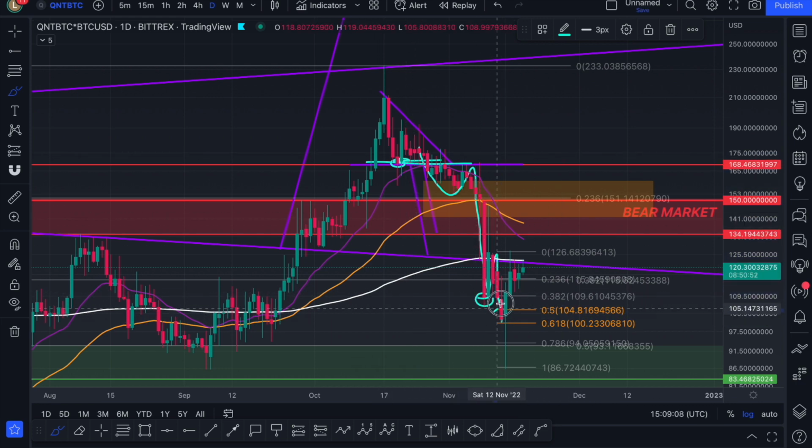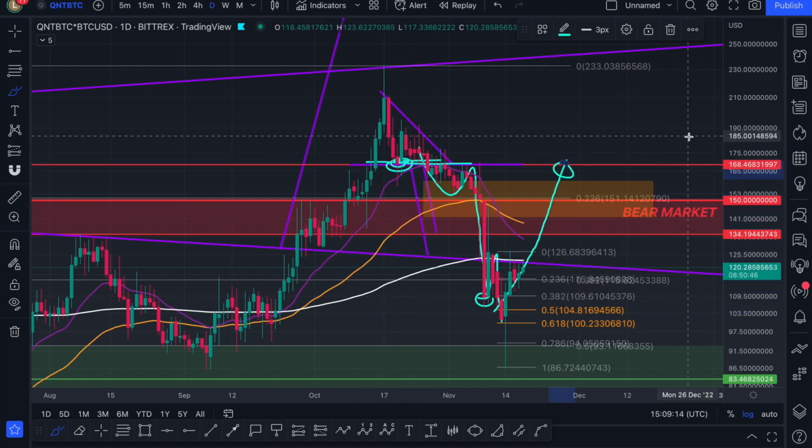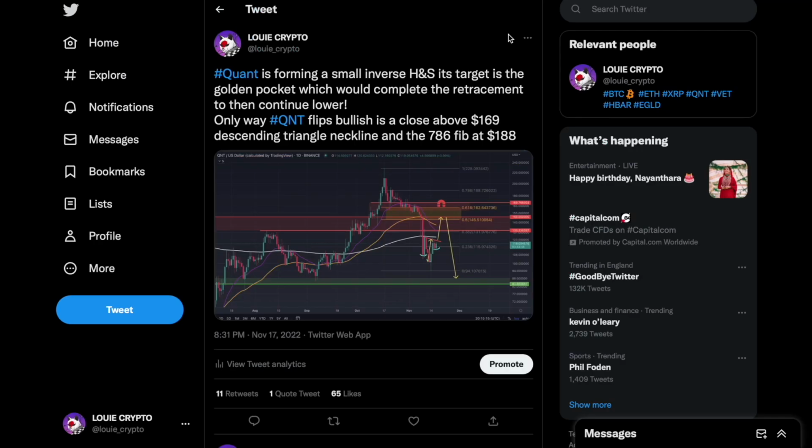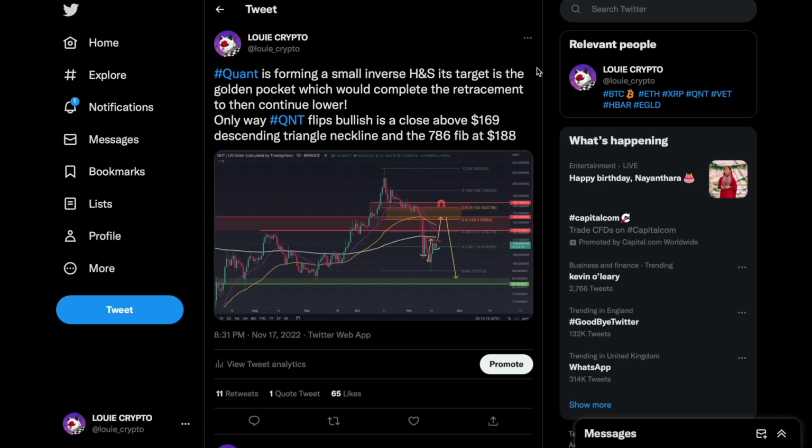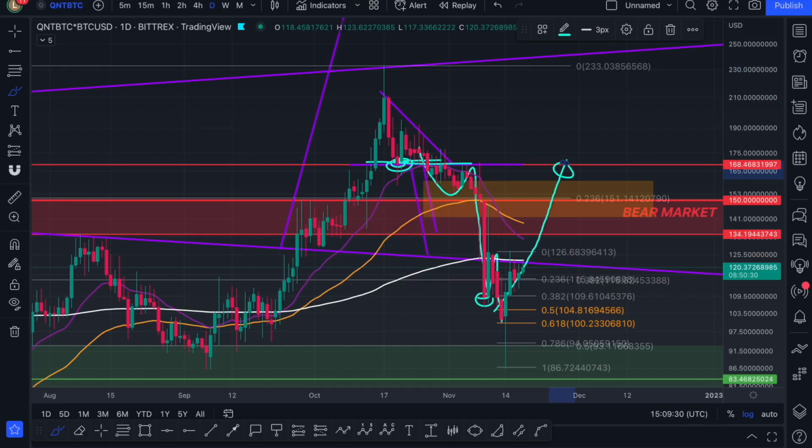But essentially if we're coming back up to here, it's a previous support, so it's now resistance. So I need to see that actually reclaimed. So in that post over here, the only way for Quant to actually flip bullish is a close back above 169, which is your neckline over here, and a close above the 786 fib at the 188.